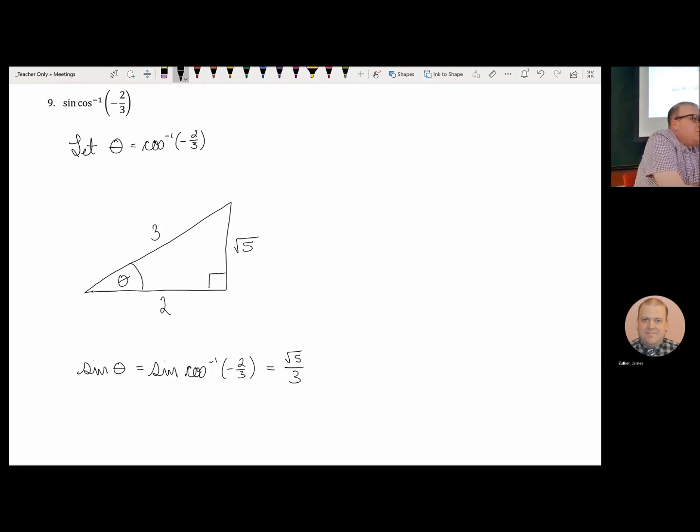So sine of the inverse cosine of negative 2/3 is √5 over 3. And that was the argument I used in my mind.